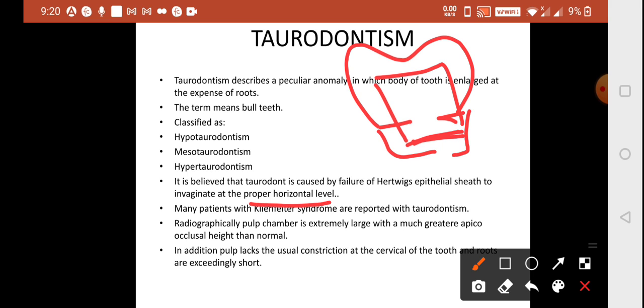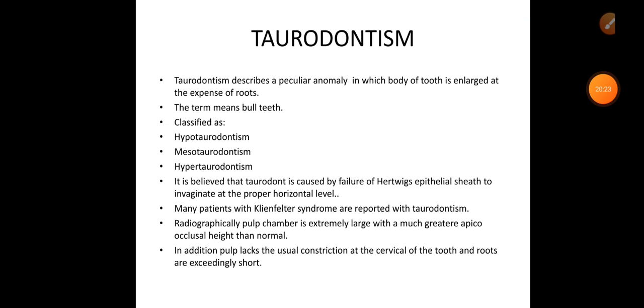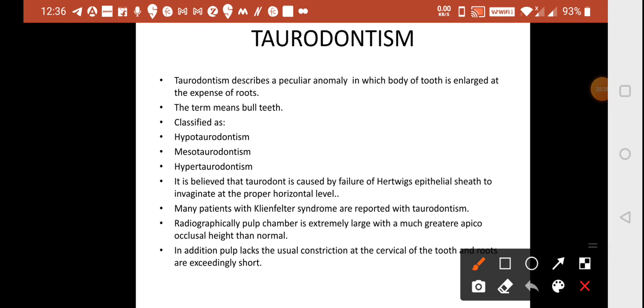So the reason is failure of the Hertwig's epithelial root sheath to invaginate at the proper horizontal level, a very important question that can be asked. So here we come to know that taurodontism is caused by the failure of the Hertwig's epithelial root sheath to invaginate at a proper horizontal level.